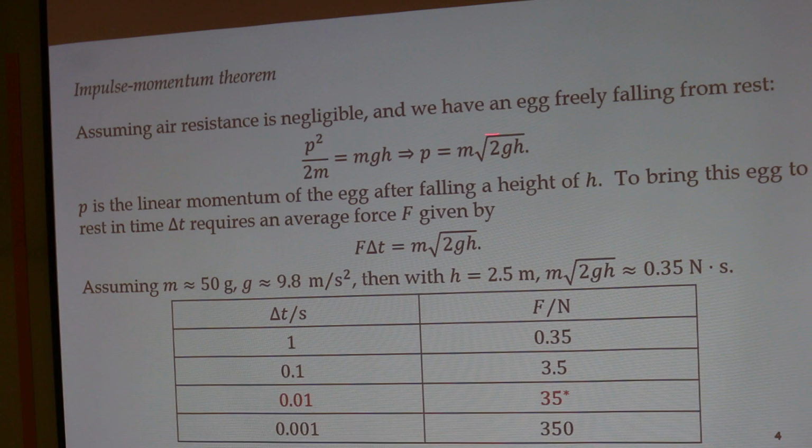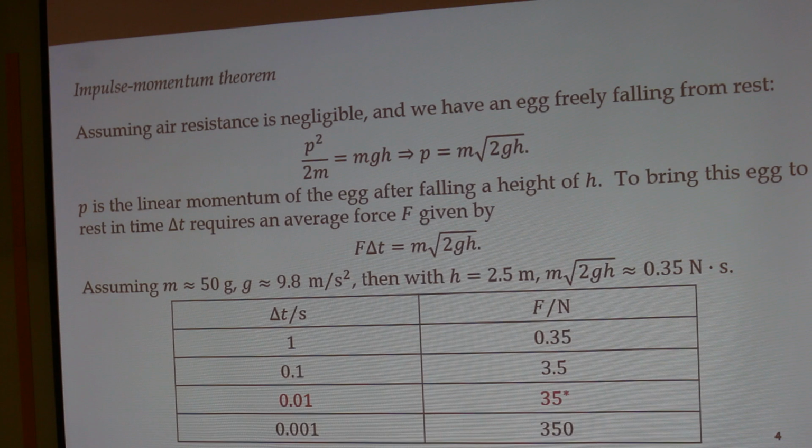With the fixed height of 2.5 meters, you can calculate: if you estimate the mass of the egg to be 50 grams, then the momentum is about 0.35 Newton second. So this is the momentum just before it hits the floor.